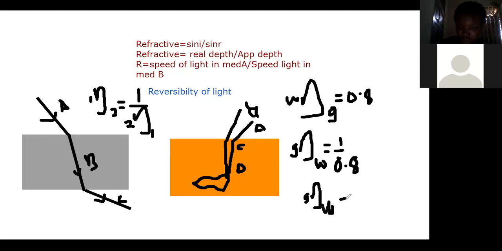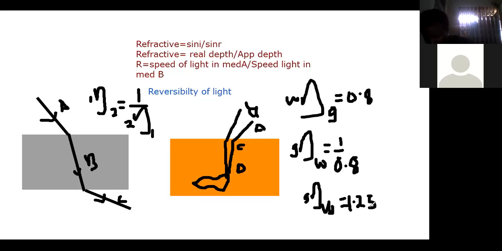So that will give us what? What are you getting, those with the calculators? That will be 1.25. Yes. So that's what we term as reversibility of light. I hope I made myself clear.